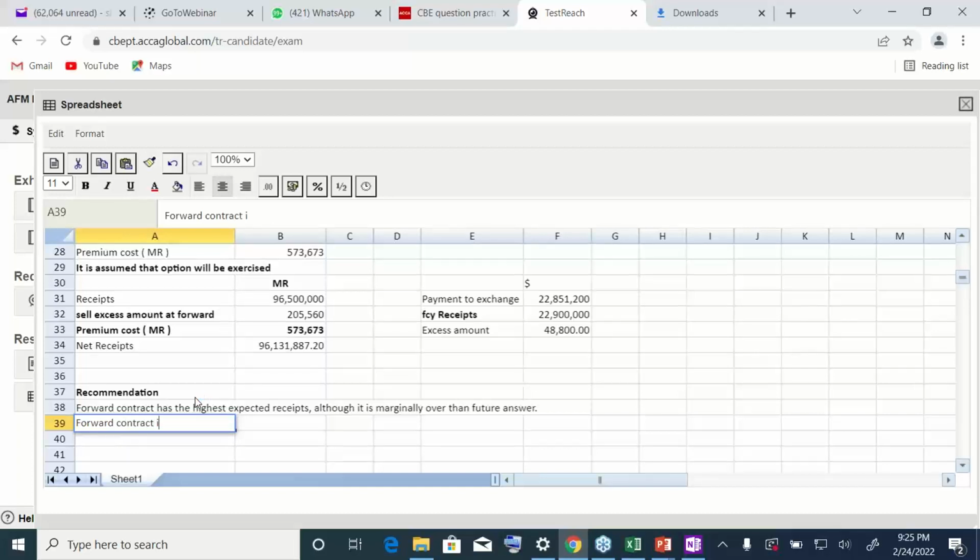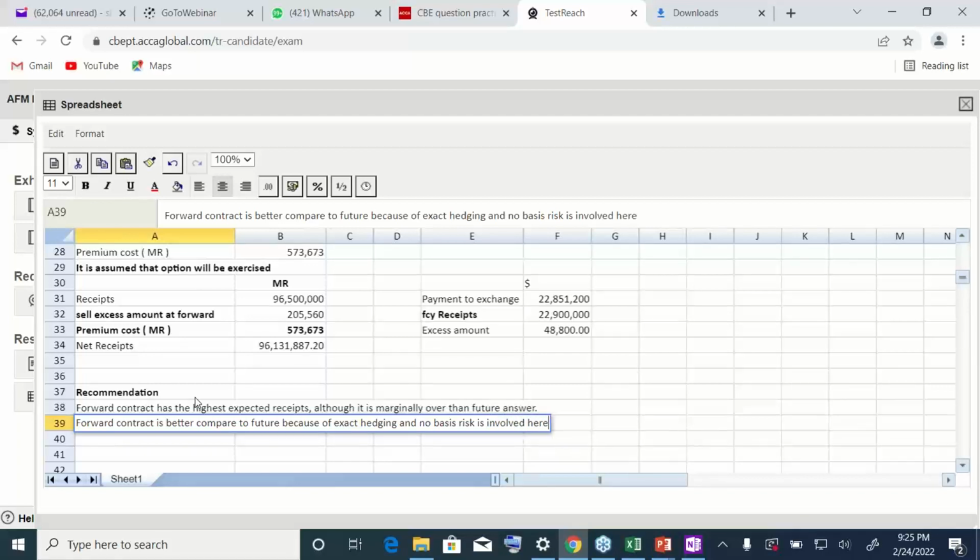Forward contract is better compared to future because of exact hedging and no basis risk involved. You just have to compare, and forward contract is better than the future because in forward you will do the exact hedging and obviously no basis risk will be involved here.